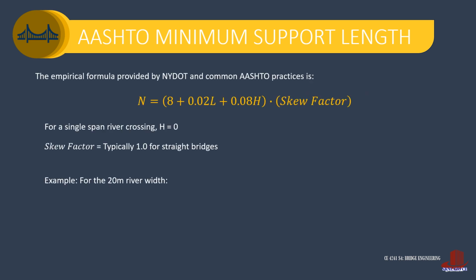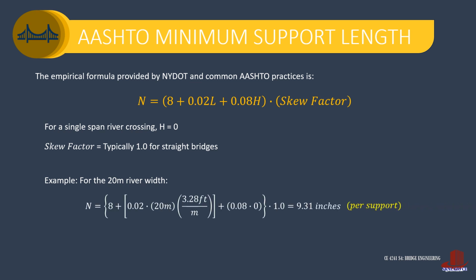Now back to the example. With a simple span bridge, H is considered as 0, and the skew factor for a straight bridge is 1. N is then computed as 8 plus 0.02 by 20 meters, converted into feet using 3.28 feet per meter, then add 0.08 by H of 0, then the skew factor is 1.